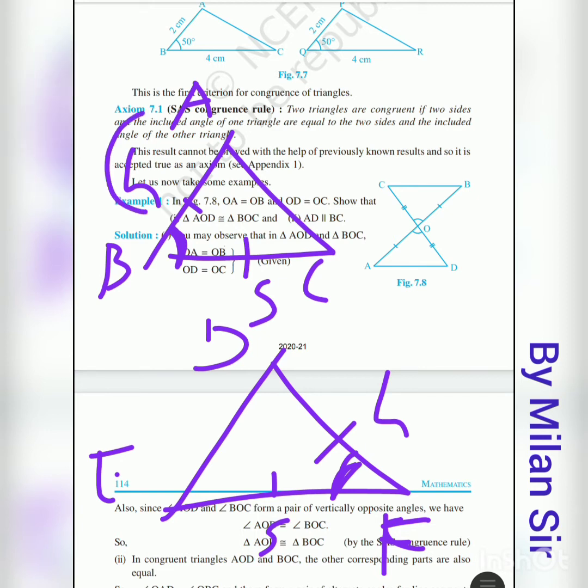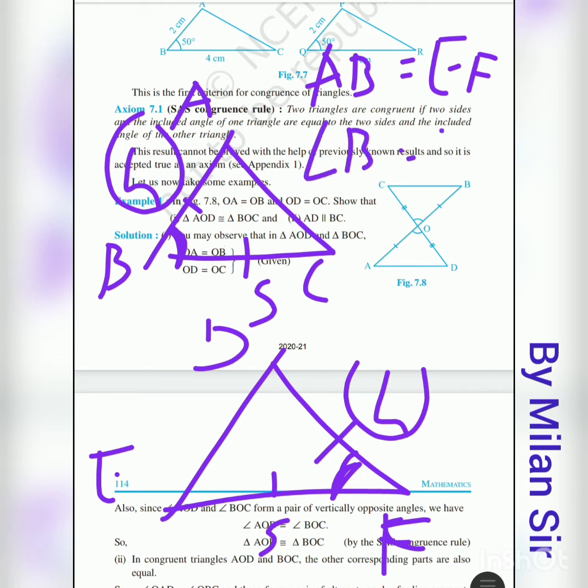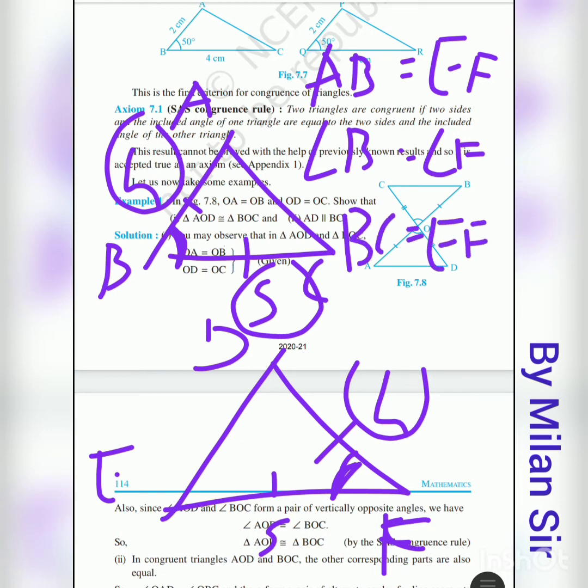Okay, AB is equal with EF, so one side. After that, angle B is equal to angle F, and our third, sorry, side BC is equal to EF. Okay, so AB is equal to EF, angle B is equal to angle F, and BC is equal to EF.